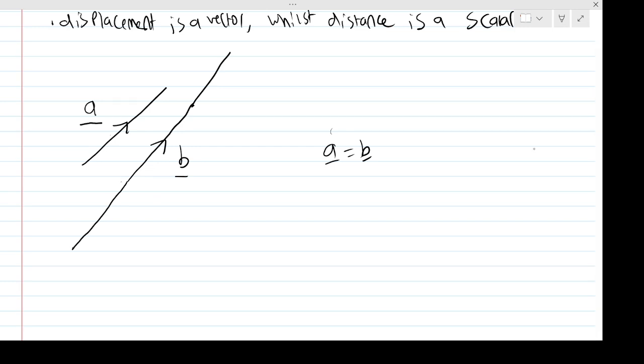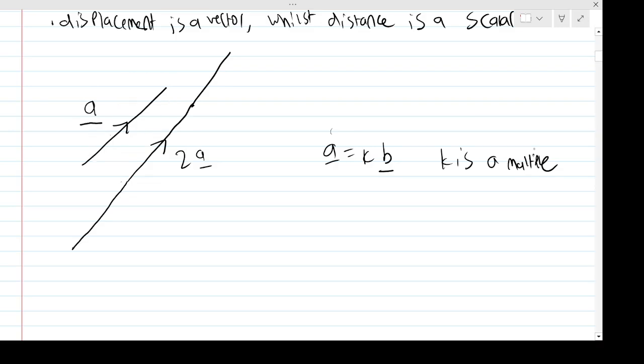How we can represent this is that instead of just being equal to each other, we can say two vectors are multiples of each other. This multiple k is a multiple. So for example, if b was actually two lots of a, they're going to be parallel, so we can say that b is 2a. In other words, the vector on the right is double the vector on the left.